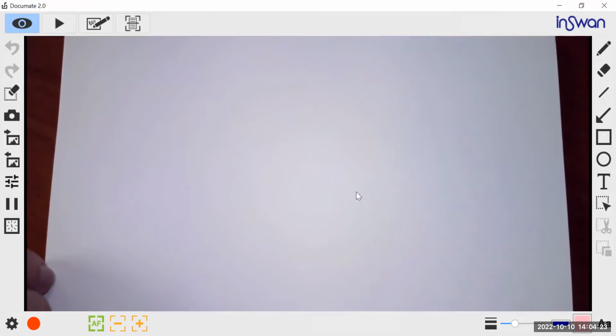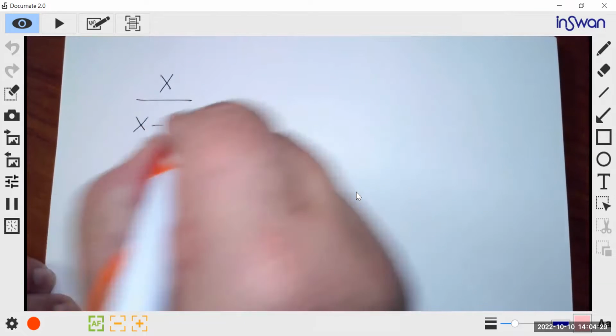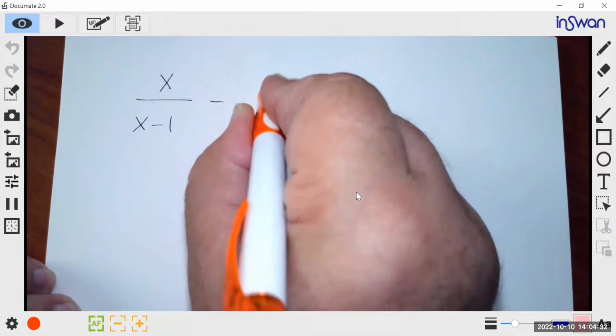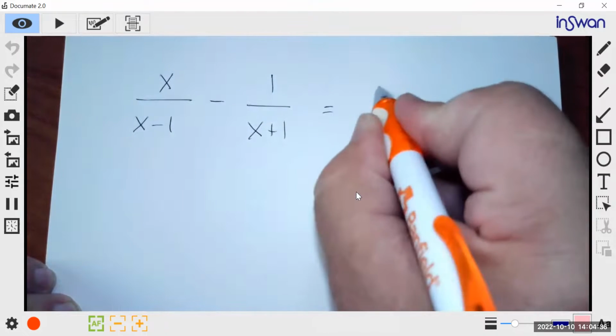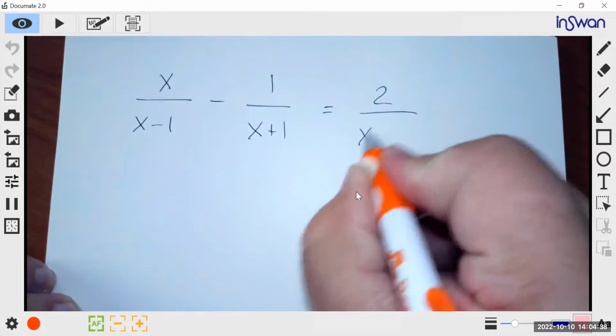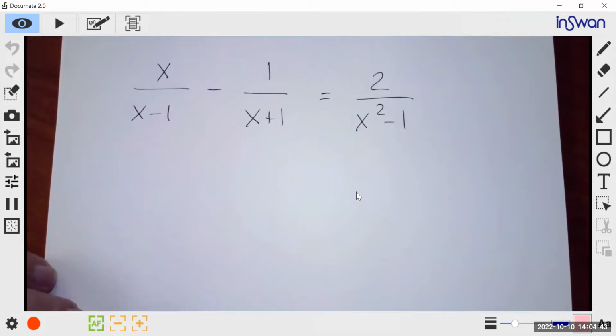Let me see which one I want to use now. This one. So tell me what x's I cannot use. It's not an equation.